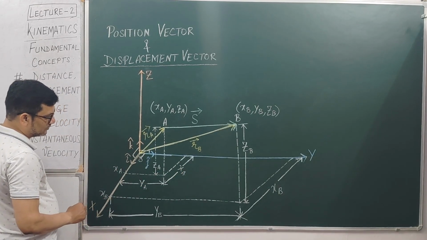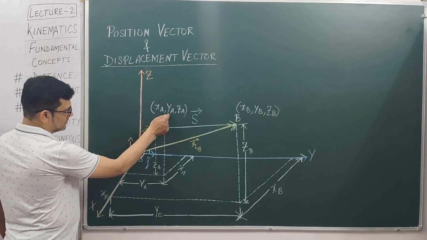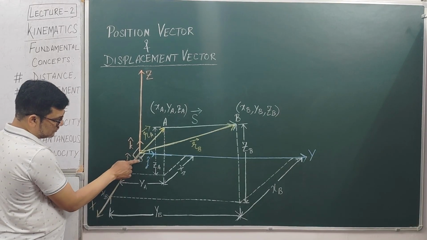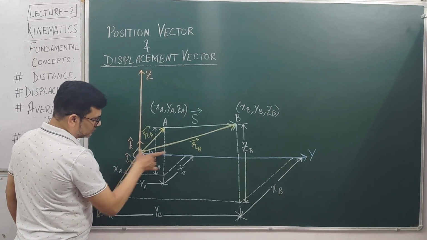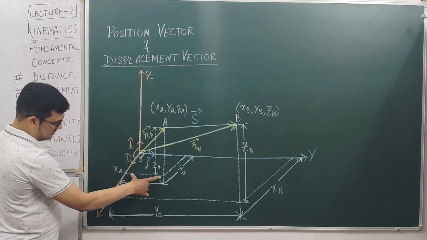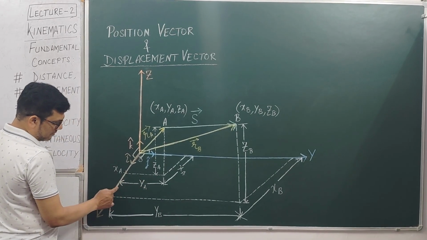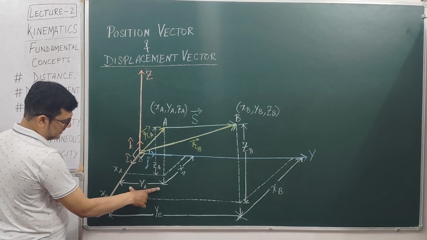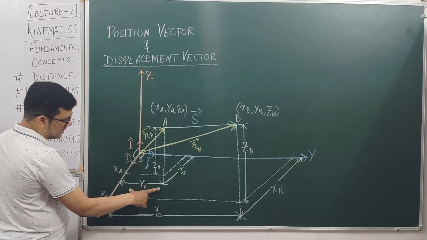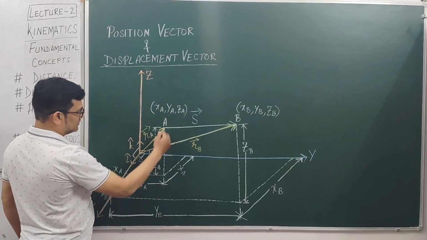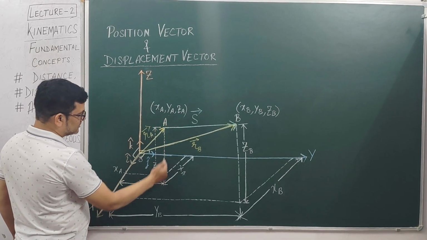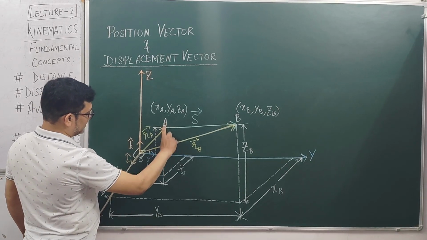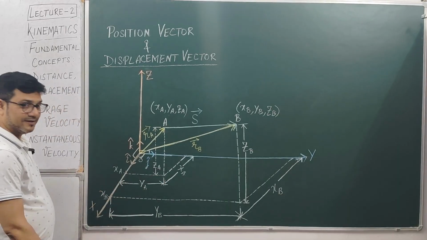Then this has a coordinate Y, which shows the distance from the origin along the Y axis, from the origin to the initial position, which is YA. And then this height, raised up from the origin to this point, is shown as ZA.